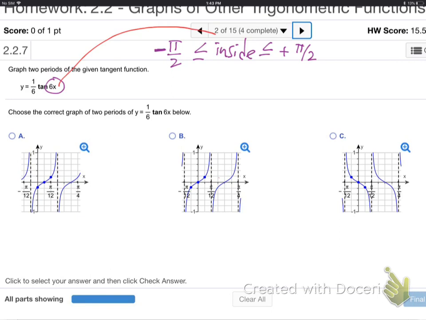So I grab the inside and put it in there. So 6x is between negative pi over 2 and positive pi over 2.